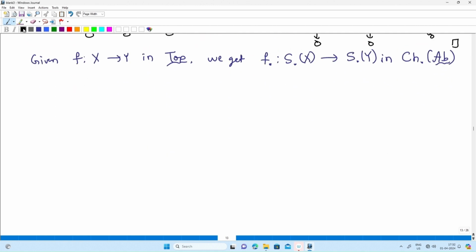What is S dot X? That's the singular complex. If you don't know, then if you are given a simplicial complex, it is very easy to understand. That's the simplicial homology I'm talking about. So you take the abelian group at nth level.